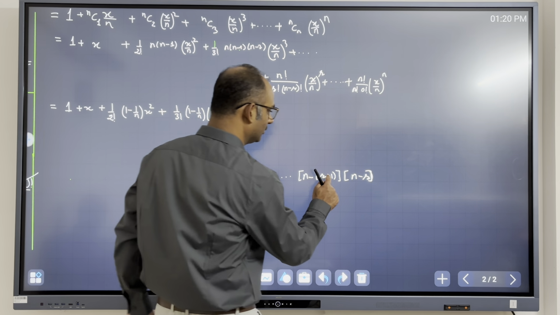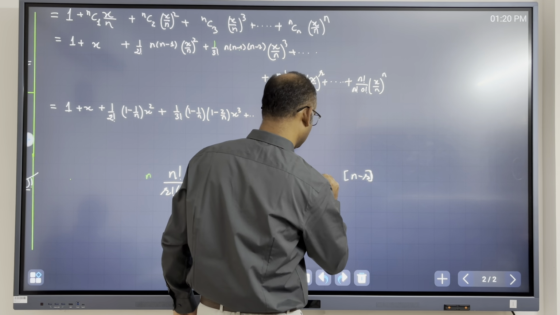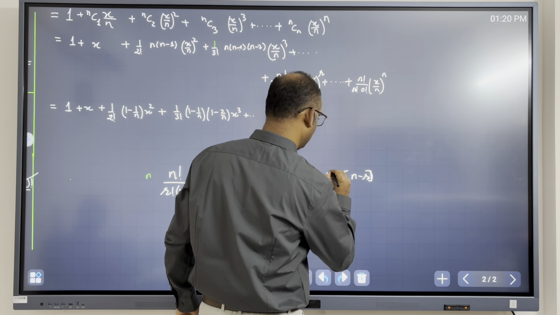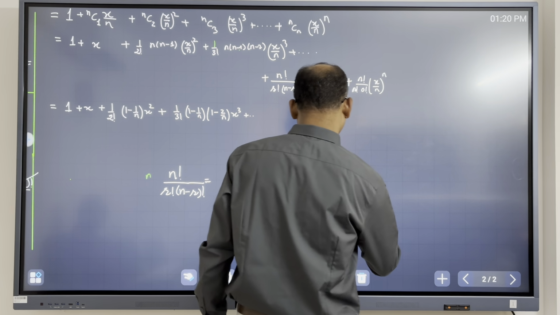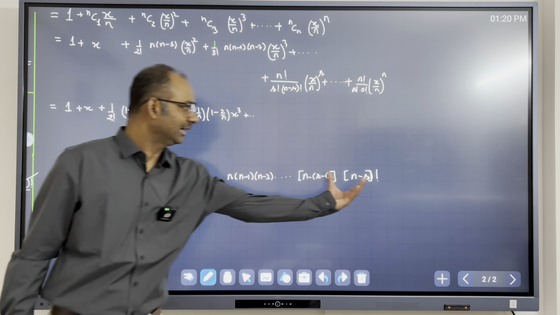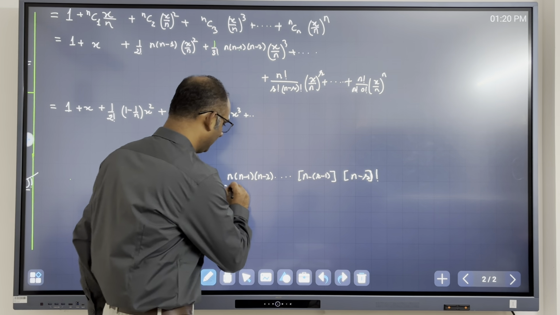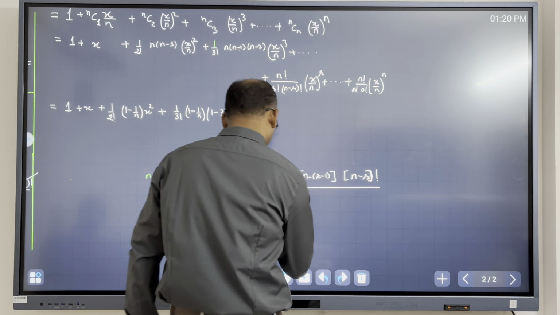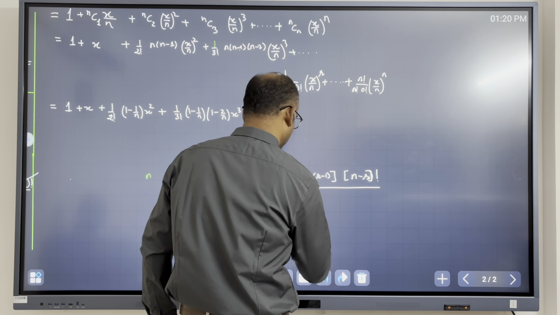So this should be n minus (r minus 1), agreed? Then (n minus r) factorial. These are the remaining ones which make n factorial divided by r factorial (n minus r) factorial.